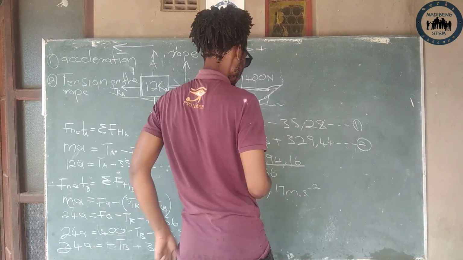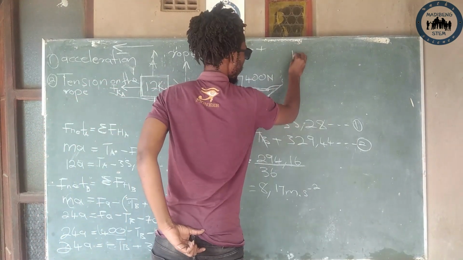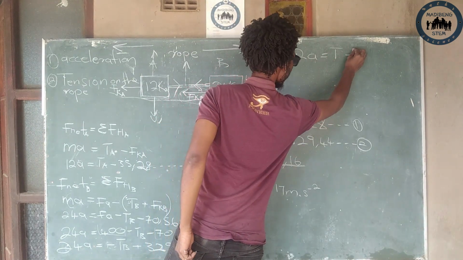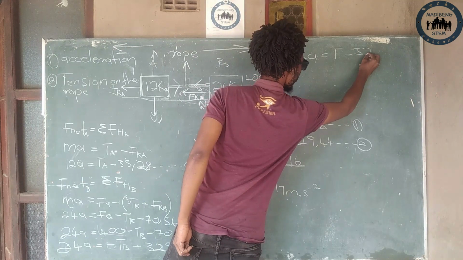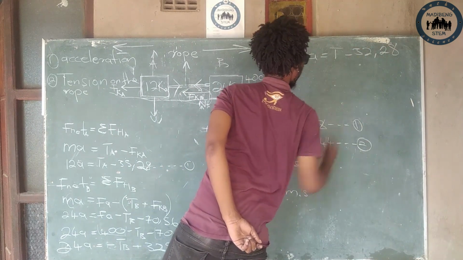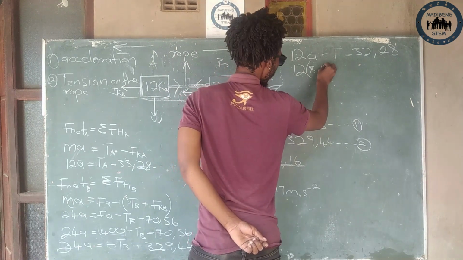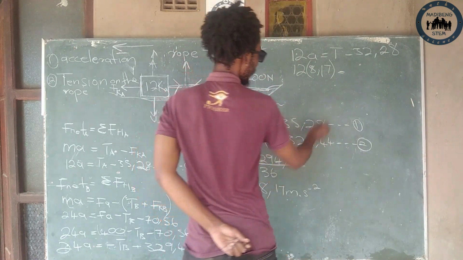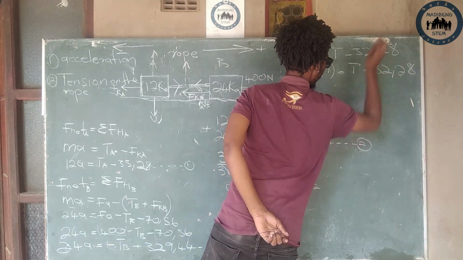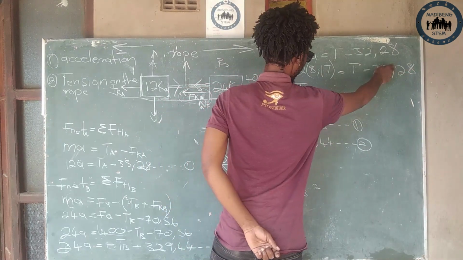So let's take this equation number 1, which is 12A is equal to our tension minus 32.28. So now we have our acceleration is 8.17. So we make T our subject of the formula. So it means I'm taking this one to this side.